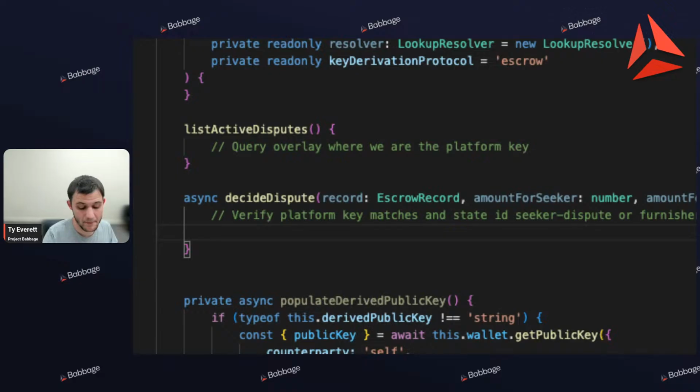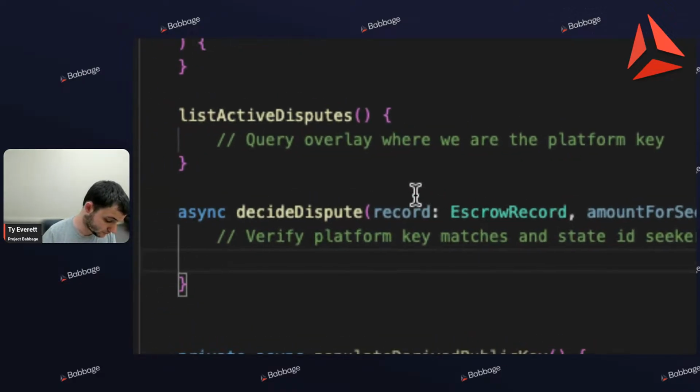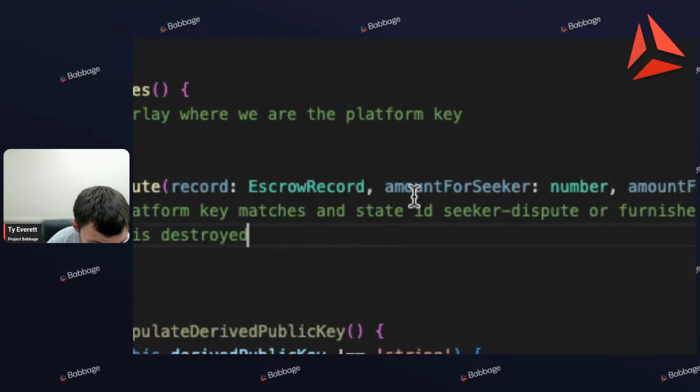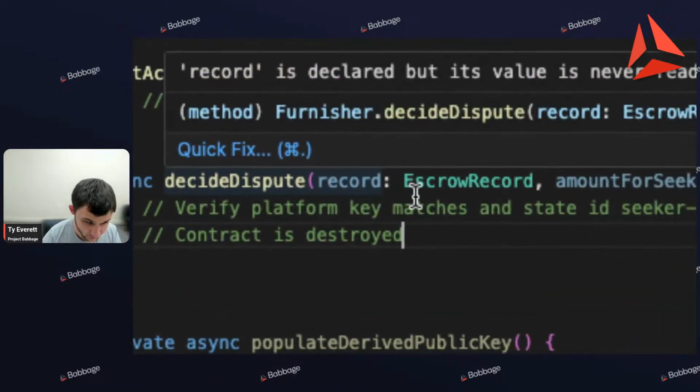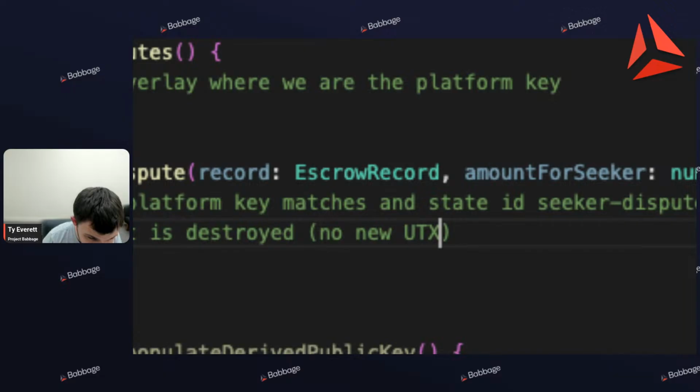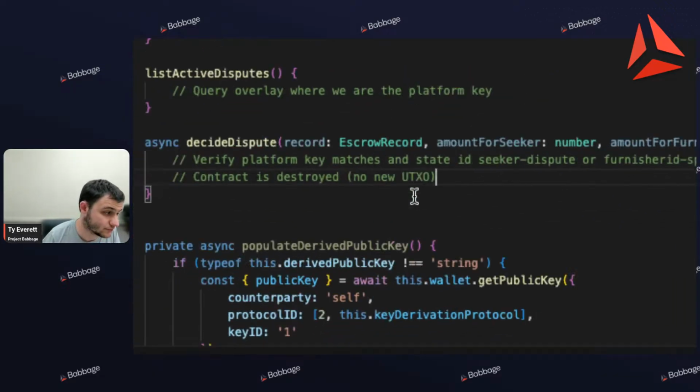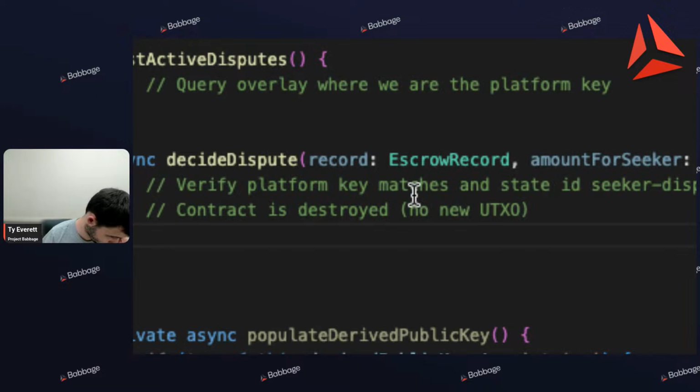So we know the states are correct and we just allocate the... there's no new UTXO. Wait. How would that work?